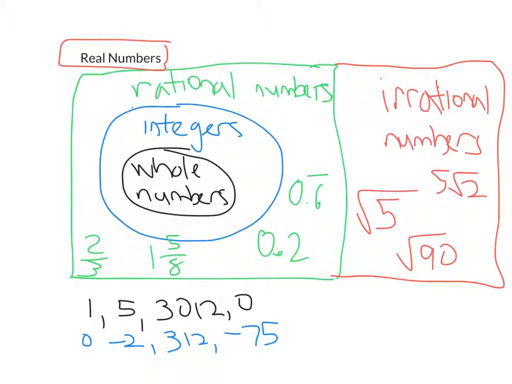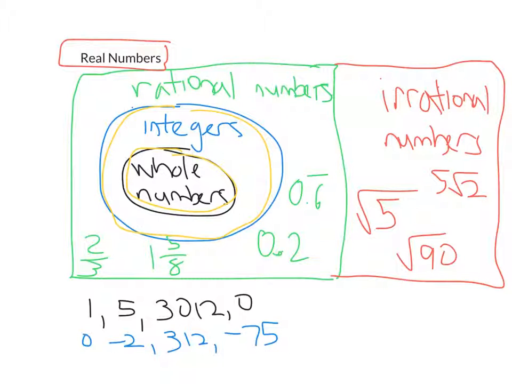So all this is about is definitions. Let me clarify this. We've got our whole numbers. Our whole numbers are these ones here: 1, 5, 3012, 0. All those are whole numbers. Then we've got integers. Integers are all the whole numbers and their opposites. So we have 0, -2, 312, -75.